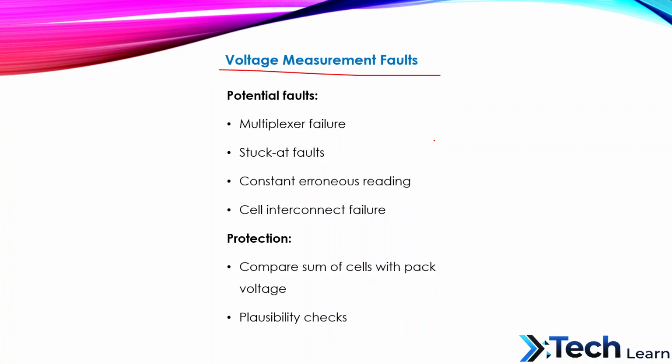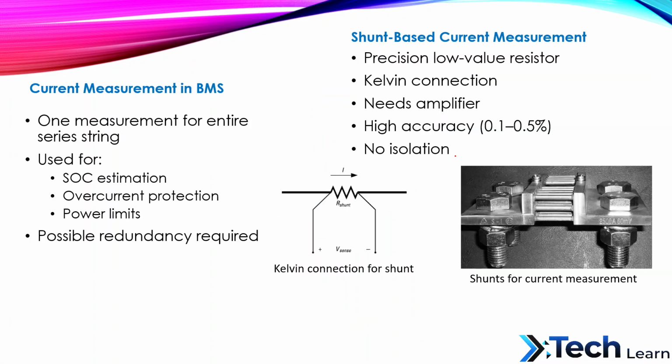A cell interconnect failure may cause a subgroup to appear normal while disconnected from the string. To detect faults, we compare the sum of cell voltages with the total pack voltage. This is essential to prevent severe overcharge and over discharge.